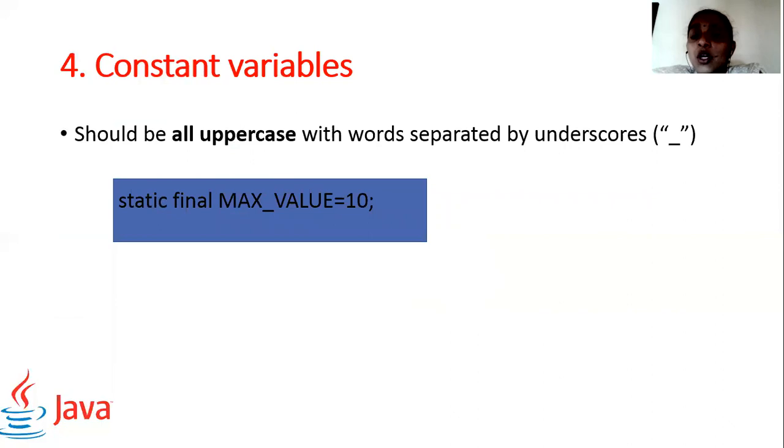The next is constant variables. If you are assigning a constant variable, the whole variable should be in uppercase letters. In case you are combining two words, for example, I've shown here a variable called max value, it's two words, max and value. I will be separating it with an underscore, MAX_VALUE, where everything is in caps.